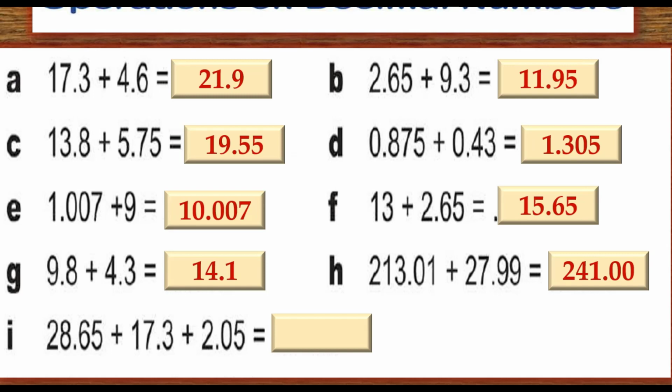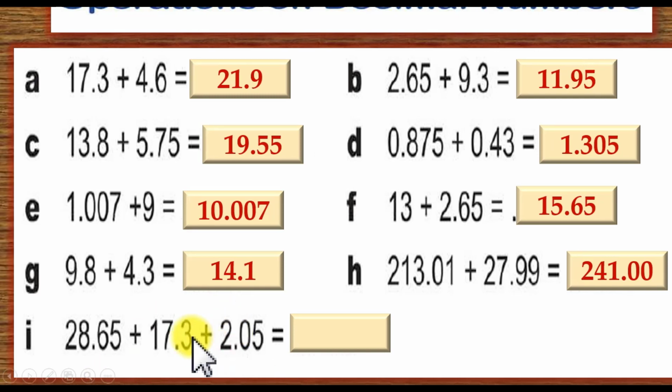The last one, 28 and 65 hundredths plus 17 and 3 tenths plus 2 and 5 hundredths. Put 0 to the right of 3.